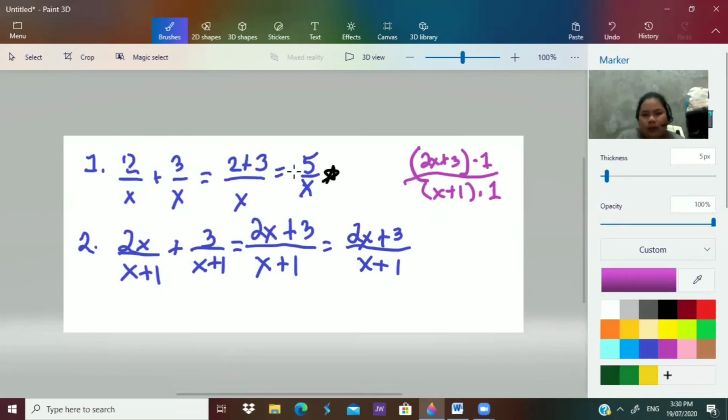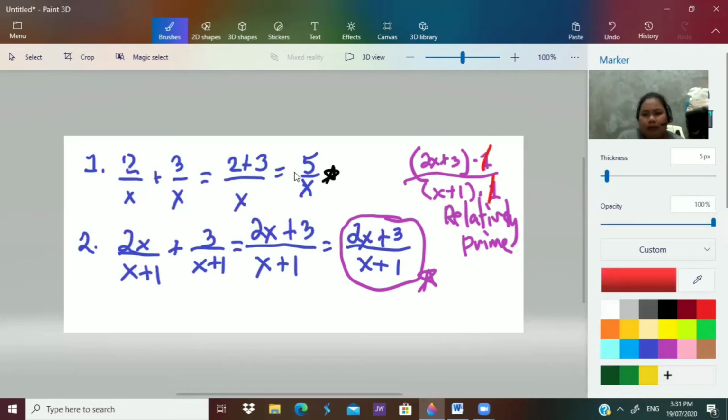So therefore, these two expressions are relatively prime. If the expression is relatively prime, meaning to say, your answer is in simplest form already. Nakasimplify na siya kapag ang common factor na lang nila ay 1.